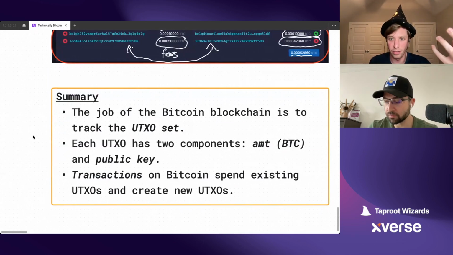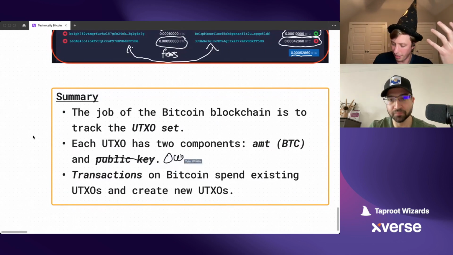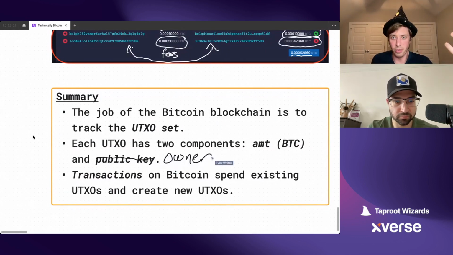And every single one of those UTXOs has two components, an amount and a public key or an owner. And so the owner is the person that's allowed to spend it, and the amount is just how much Bitcoin there is there. And then the whole point of Bitcoin is, it's not just can we create this set once, it's how can we transact on this.